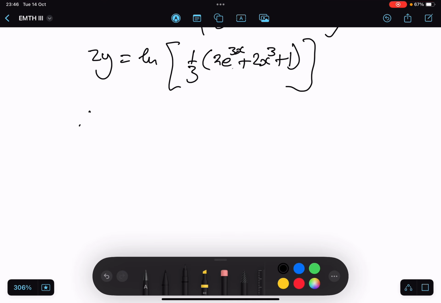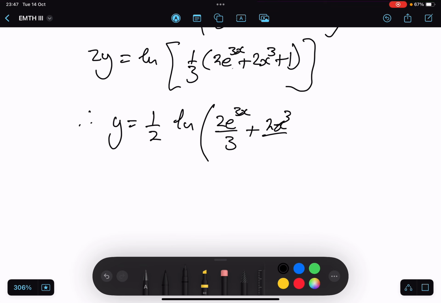Therefore y equals half ln of (2e^(3x) over 3 plus 2x cubed over 3 plus 1 over 3).